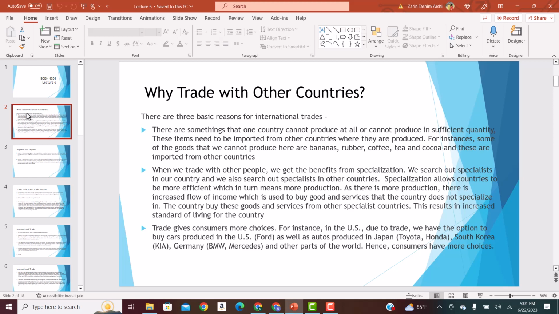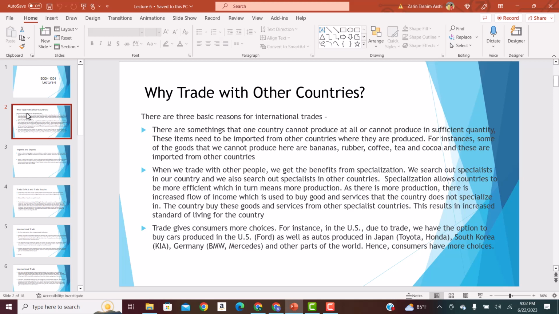So, what the US as a country does is they engage in trade with other countries who produce these goods, such as bananas, tea, coffee, and rubber, and import these goods into the US so the people of the US can enjoy these goods and services. So that's one of the main reasons. The country cannot produce sufficient amount of goods that people want in the country, so they import those goods for the people.